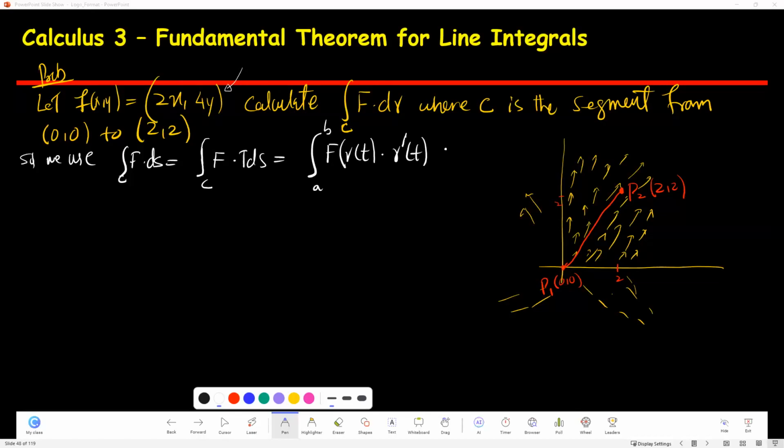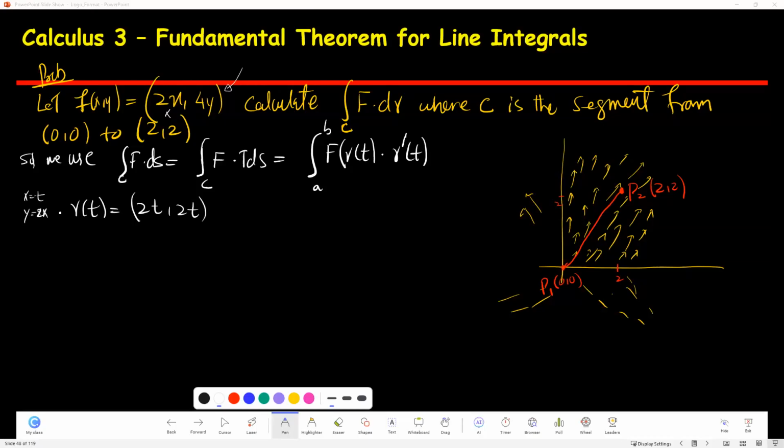Okay, so here we need to find r of t, right? So let r of t equal 2t comma 2t. How do we come up with this? We assume x equals t, so my x coordinate becomes 2t, and y equals 2x, so it's going to be 2t as well. If I substitute the value of t, I get 2x.